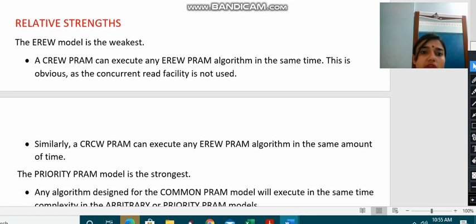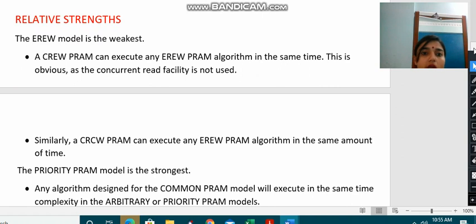Now let's talk about the relative strength of the models. Here the EREW, as it acts as a sequential computer, is the weakest model. If we compare the EREW with the CREW, meaning concurrent read and exclusive write, a CREW PRAM can execute any EREW PRAM algorithm in the same time.